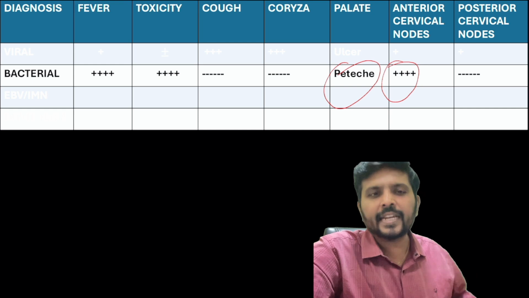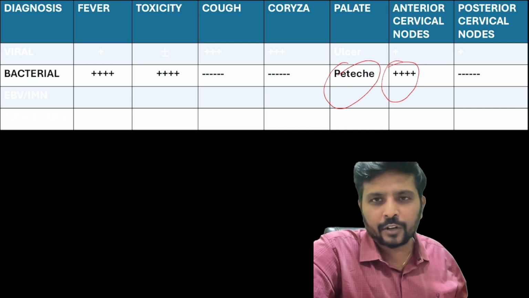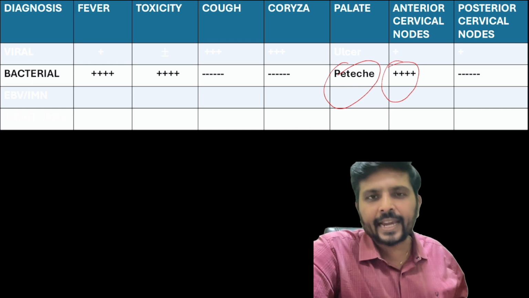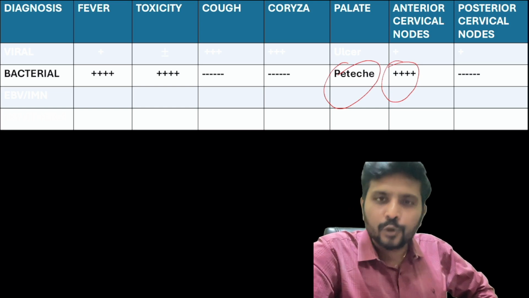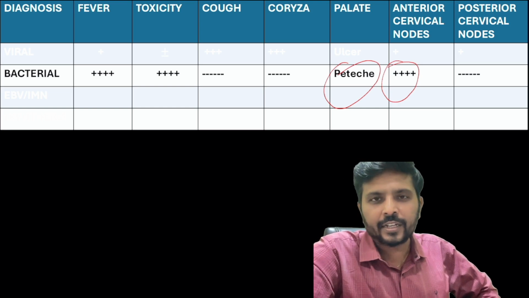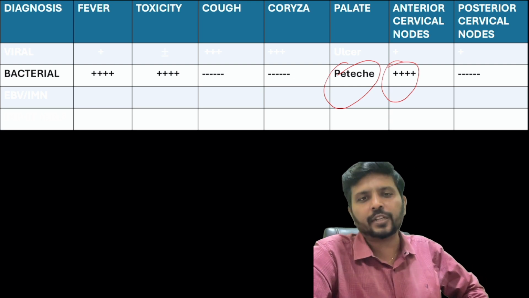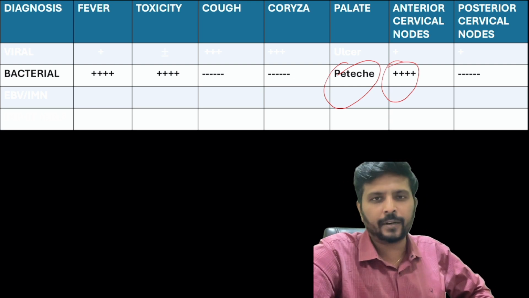I repeat, significant fever, significant toxicity, palatal petechiae, and anterior group of nodes without any cough and coryza is usually streptococcal pharyngitis unless otherwise proved, for which the treatment of choice is amoxicillin.